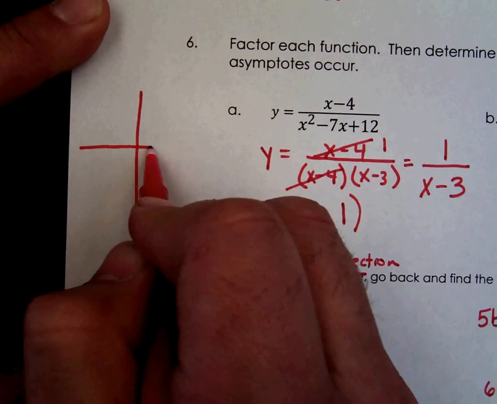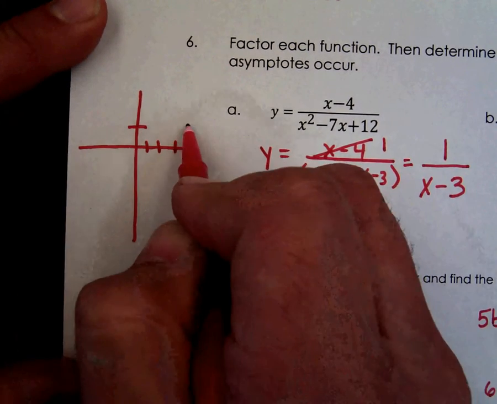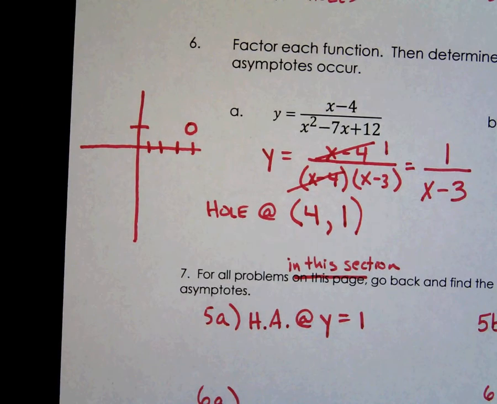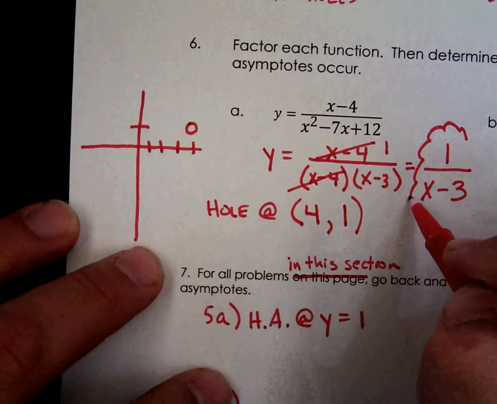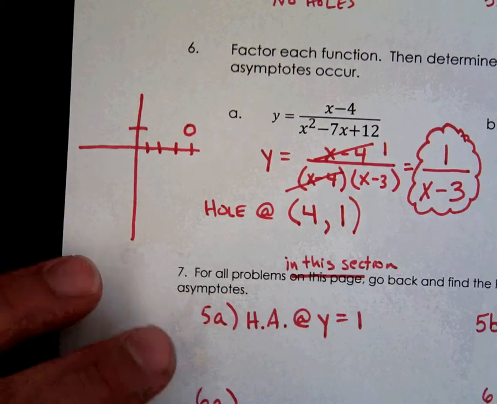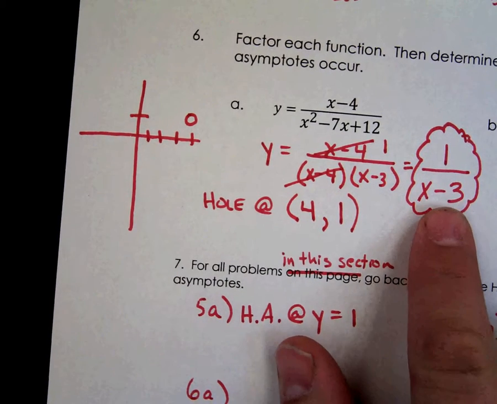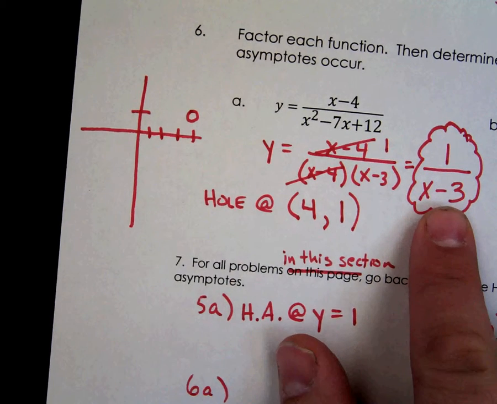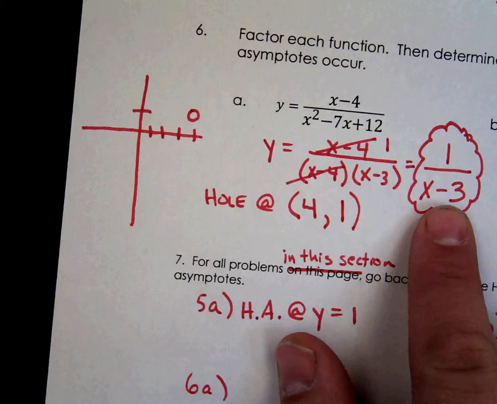Let's pretend that I asked you to graph this. So you'd go over to 4, 1 and put a hole in the graph. In the remaining portion of this function that didn't cancel out, is there still a value that you could plug into the bottom that would create an issue? 3, right? 3 would make you divide by 0, and that would be bad.